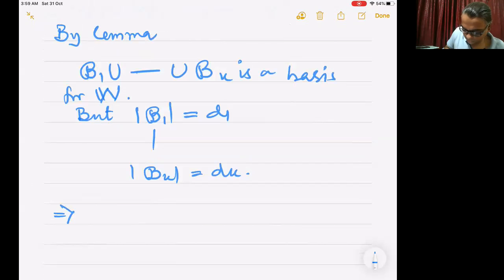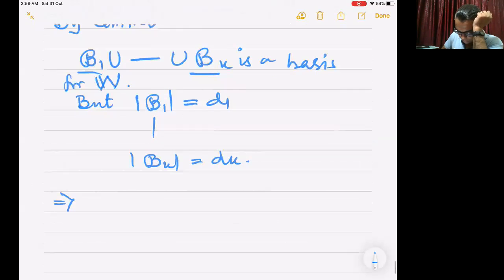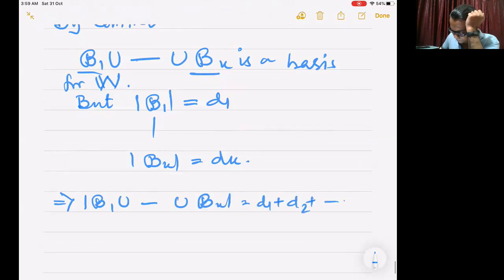Therefore this union, this whole thing, contains all linearly independent vectors, so it must have size equal to D1 plus D2 plus dot dot dot up to DK, right? But these numbers are the algebraic multiplicities, no? So this is equal to n.